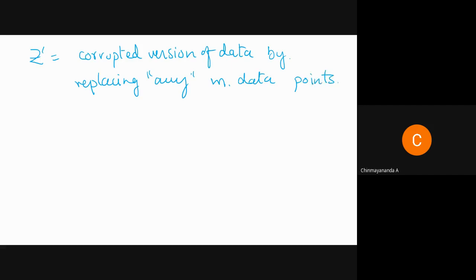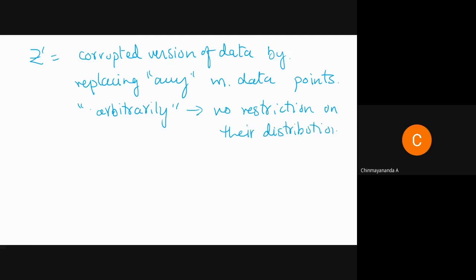The word any is important. The other important thing that you have to note here is arbitrarily. What I meant to say is that we are not putting any restriction on the distribution of these replaced data points. No restriction on their distribution, because we are worried about robustness. That would be a natural choice.